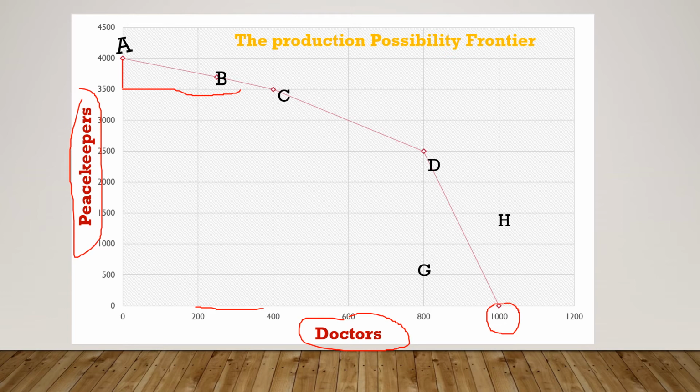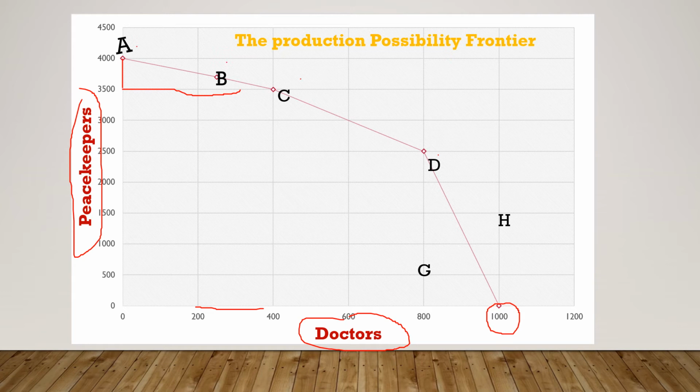So to explain this diagram, points A, B, C and D are all operating at efficiency. It means the country has used the available resources and technology to produce a given number of peacekeepers and a given number of doctors.